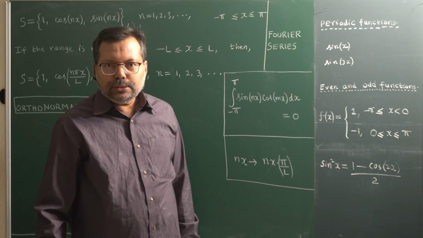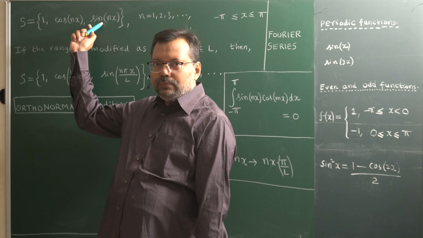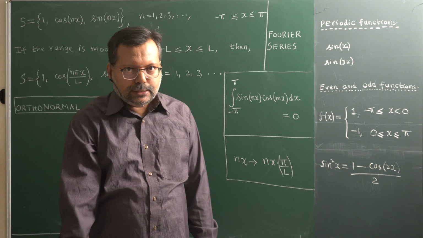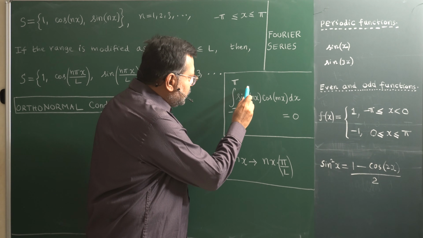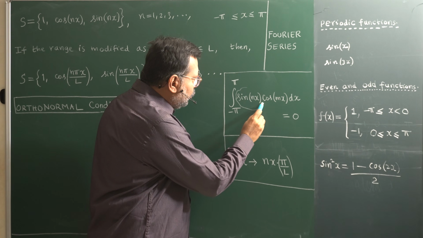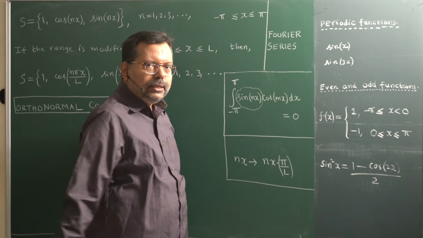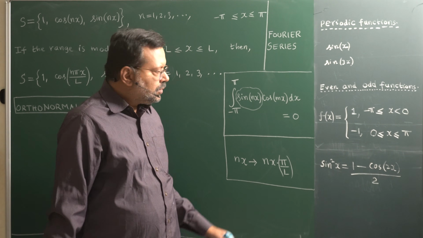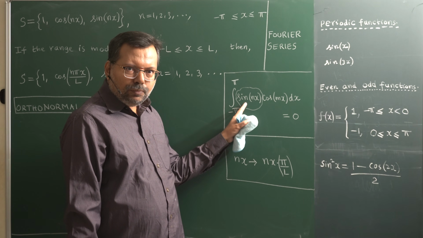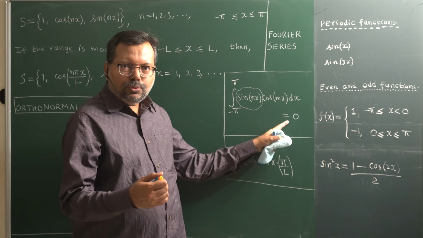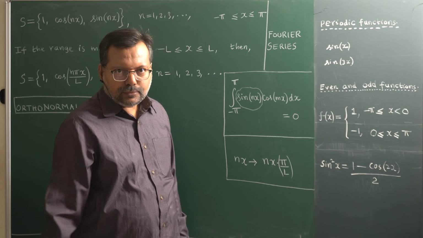But if 0 happens to be one element inside the set, then this particular term will be 0 automatically. That means the element itself is 0. When the element itself is 0, what is there to demand that 0 should be the answer? There is nothing to demand.